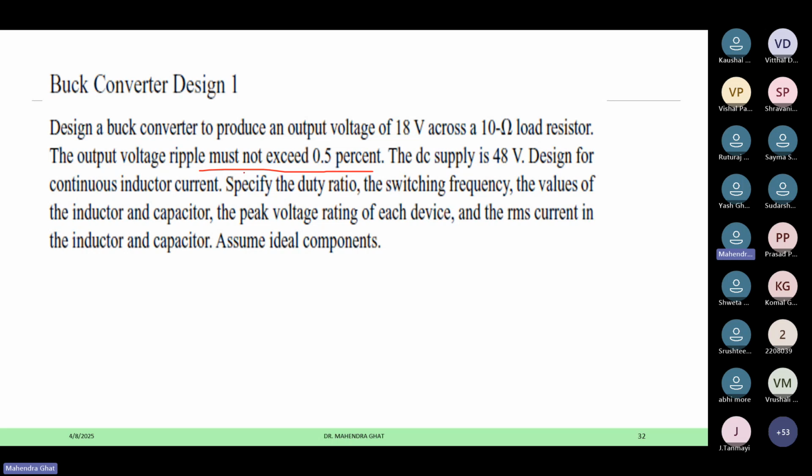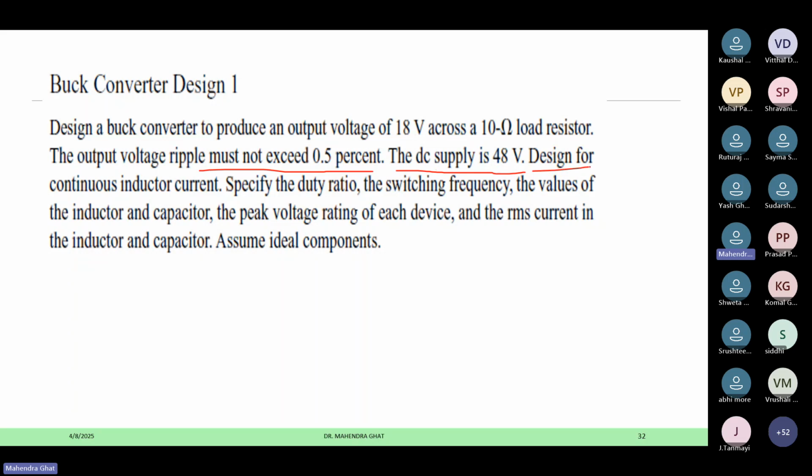The output voltage ripple must not exceed 0.5%. So they have asked to keep the output voltage ripple within 0.5%. The DC supply is 48 volt. So they have given the input voltage as 48 volt.